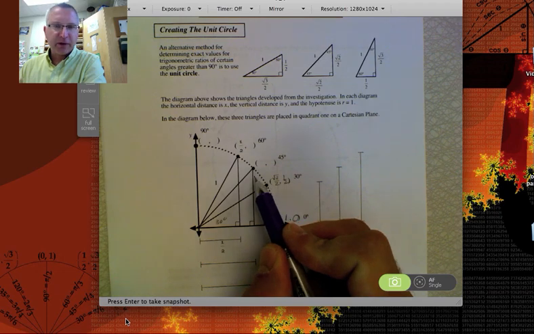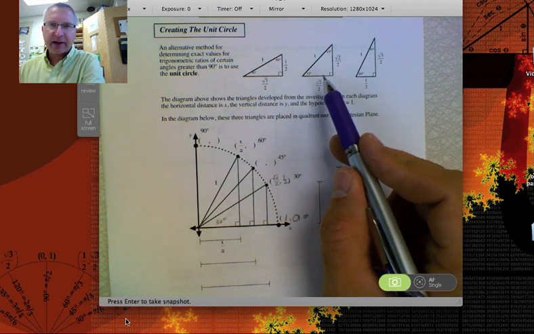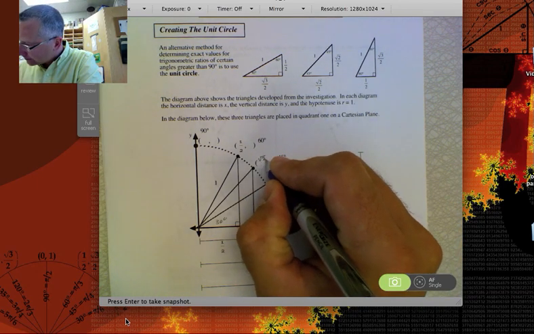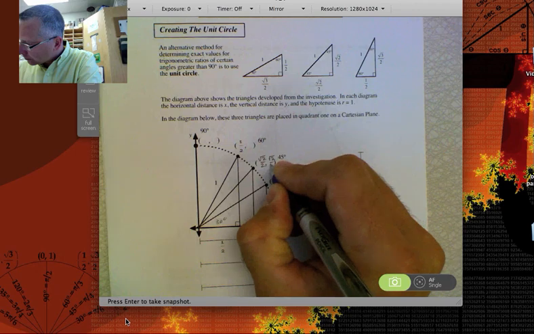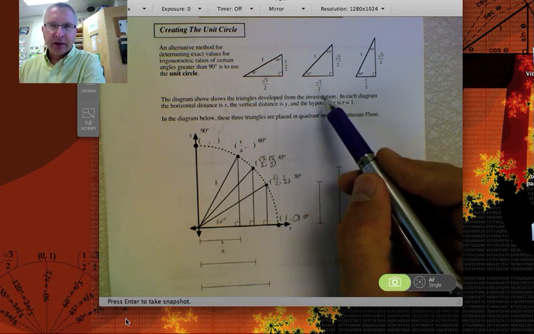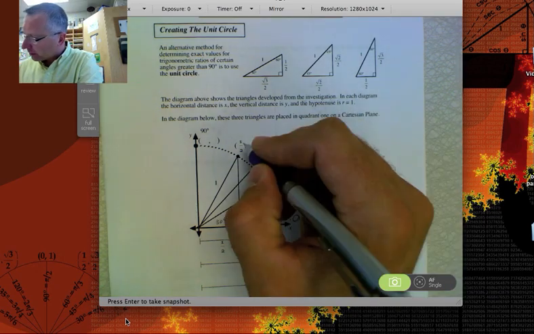We go to our 45-degree triangle. That's this triangle here. Our x and our y are both root 2 over 2. And if we look at our 60-degree triangle, our x coordinate is a half, and our y coordinate is root 3 over 2.